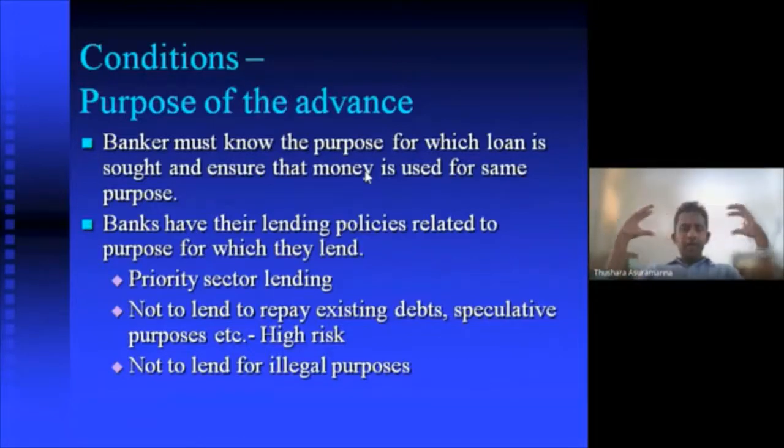So these are the conditions that govern the particular entrepreneur and his business. That's one. Number two, conditions are the credit facility itself, the loan facility itself. There are several conditions. For example, the purpose, very important. Purpose of the credit, purpose of the loan.